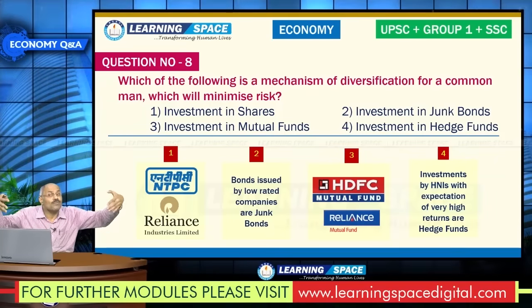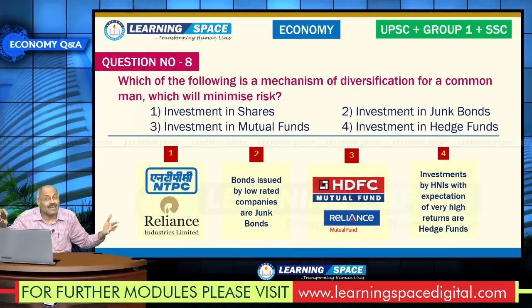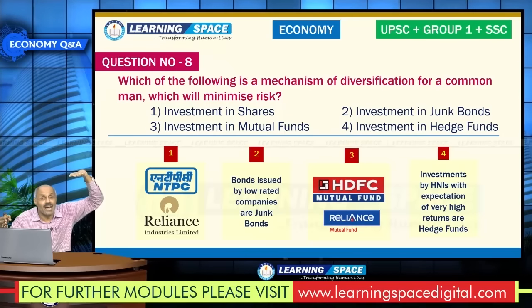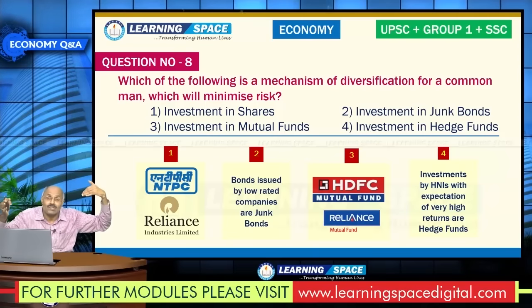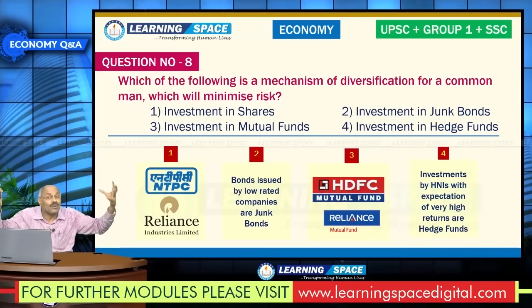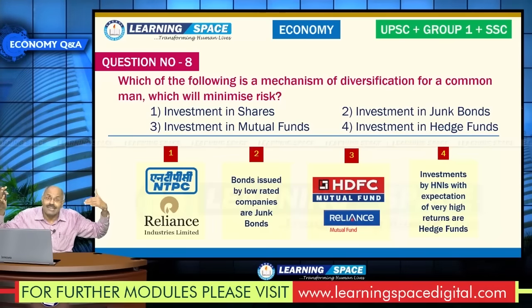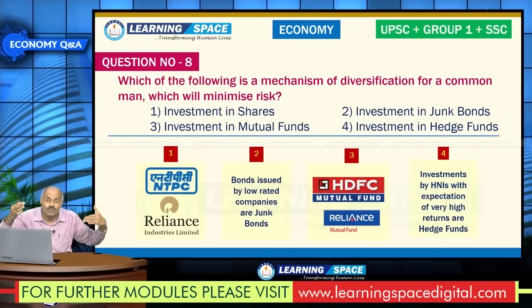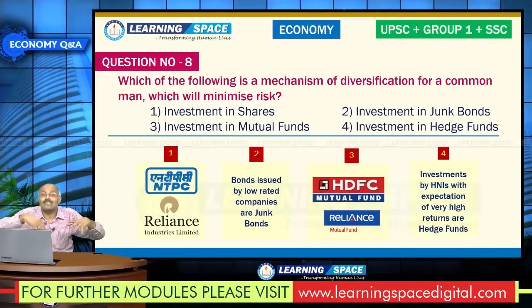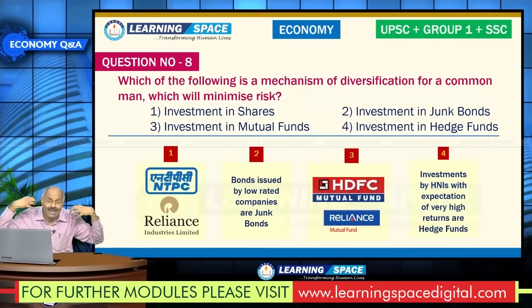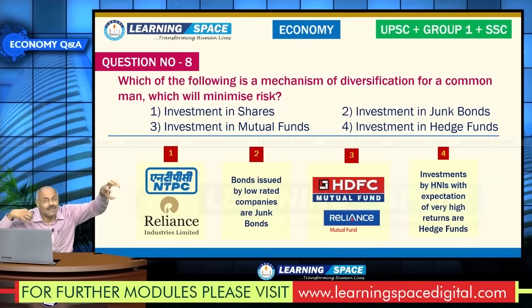Junk bonds means the bonds issued by low rated companies or unrated companies. If unrated companies are issuing junk bonds, then the interest rate will be very high, but at the same time risk will be very high. So, investments in junk bonds will invite more risk than investments in mutual funds. Investments in mutual funds are for diversification, and risk will be reduced because somebody else is applying their brain before investing in various companies.